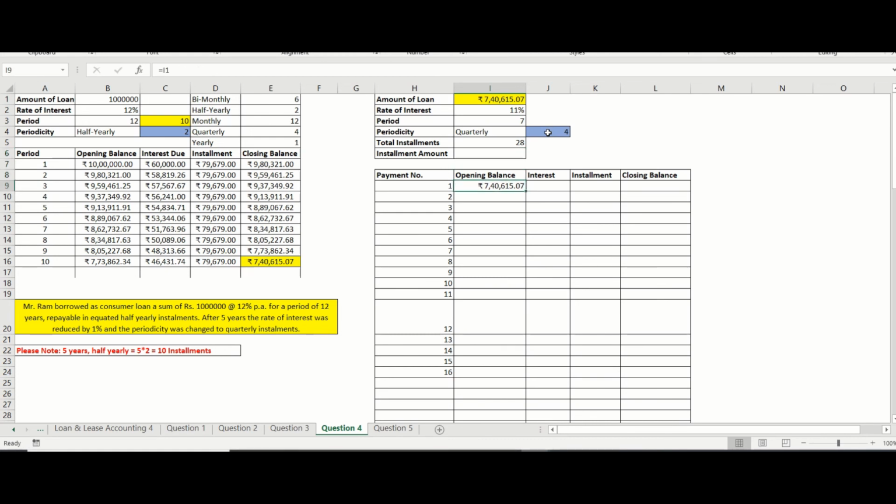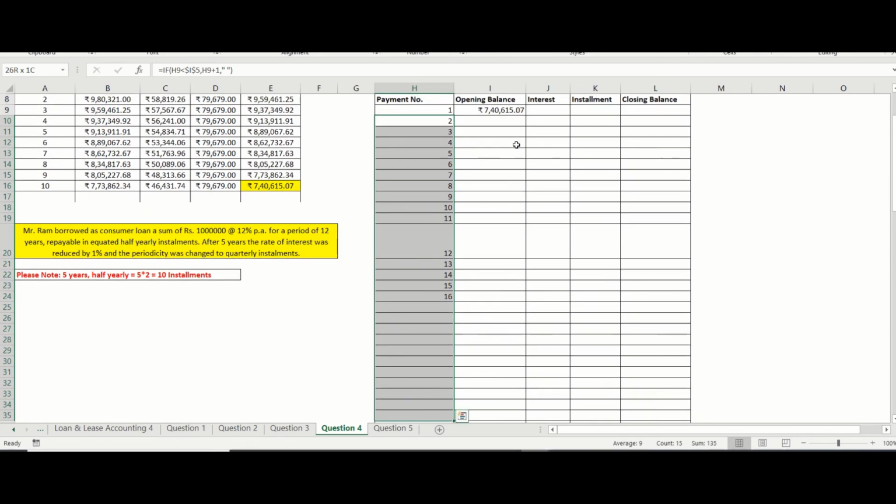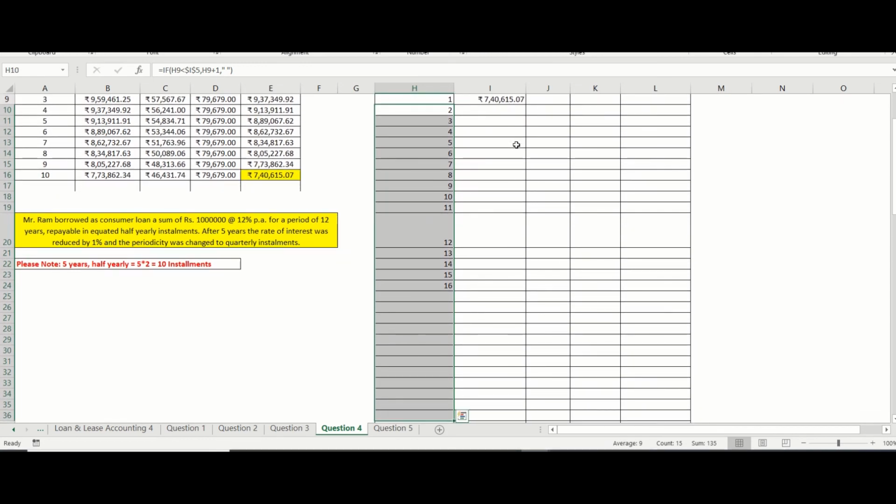So I'll just use the formula and drag it here. Equal to, if my installment number is less than total installments, I fix this. Then what will we do? Add one, otherwise leave a blank. We didn't do this in the first one because we know 5 years means 10 installments.